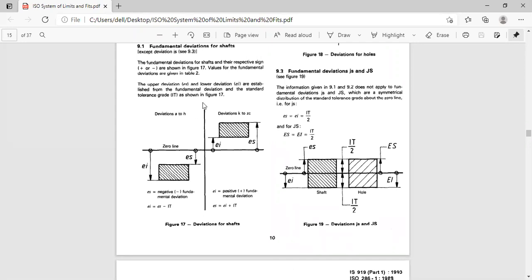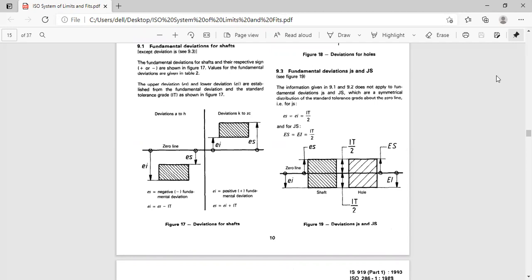So that's how he has shown the fundamental deviation for shafts, and how he has correlated the upper deviation and lower deviation with the standard tolerance grade. IT is known as the standard tolerance grade. Suppose it is capital H7, it is IT7. IT is the standard tolerance grade, and you can have the value for IT7. I'll show it in the table in the next slides.